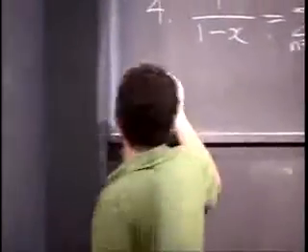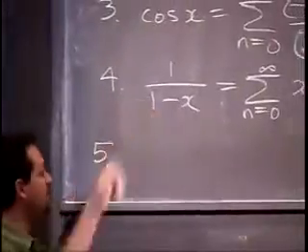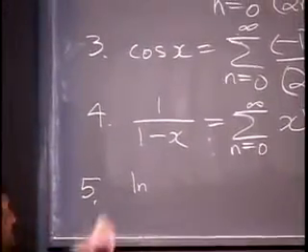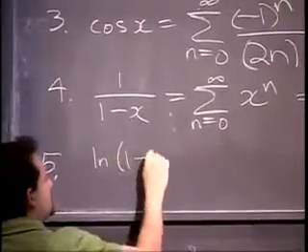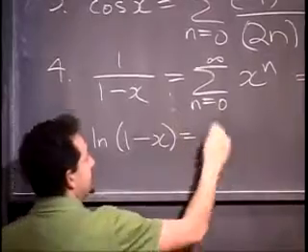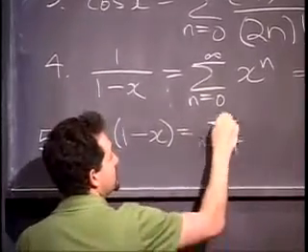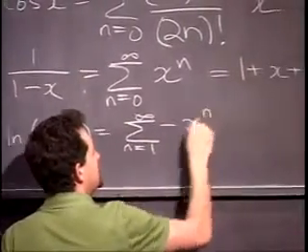All right, so we've seen that one before. Here's one we haven't explicitly seen. You can get it just by differentiating this series. I'm sorry, you can get it by integrating this series, but more on that in a second. Log of 1 minus x is equal to the sum, and we better start from 1 to infinity, and you actually get minus x to the n over n.